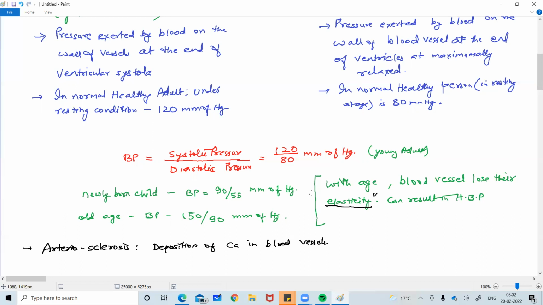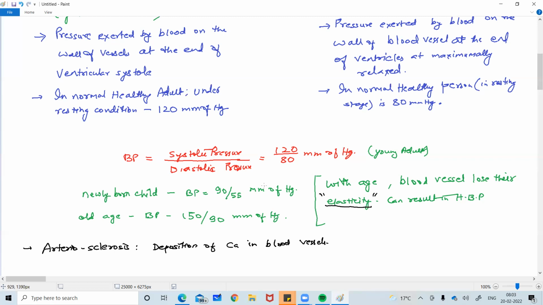Apart from this, blood pressure also depends on the viscosity of the blood, how thick the blood is. If the blood is thin, the blood pressure will be normal. But as the blood becomes more thick, with more solutes, the flow will be disturbed. That's why if a person has any cardiac disease, the doctor gives a tablet which makes the blood thinner.